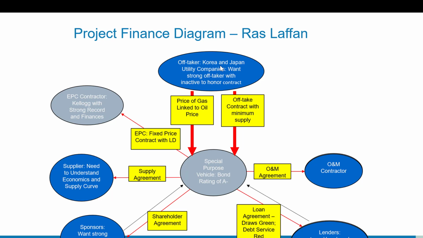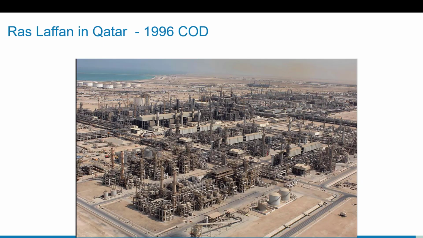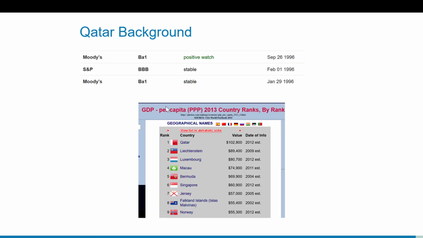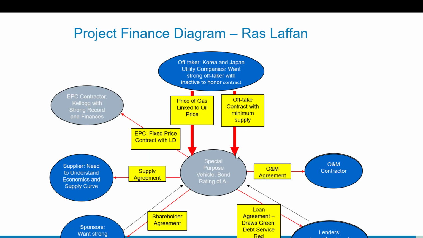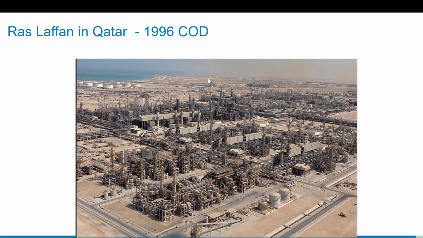They got Korea and Japan to put some ships here and take some of this gas. And that's a really big deal. But they only made a contract for the quantity. They did not make a contract for the price. The price they linked to the price of oil. So this project took some oil price risk.